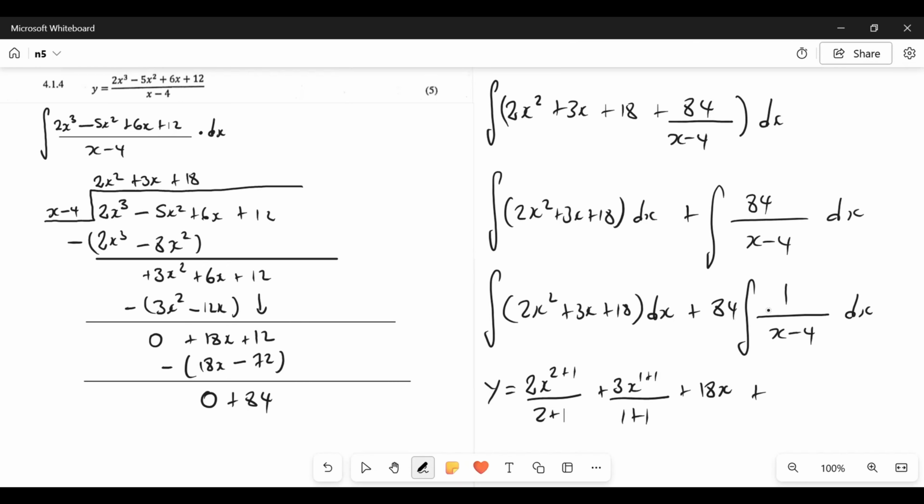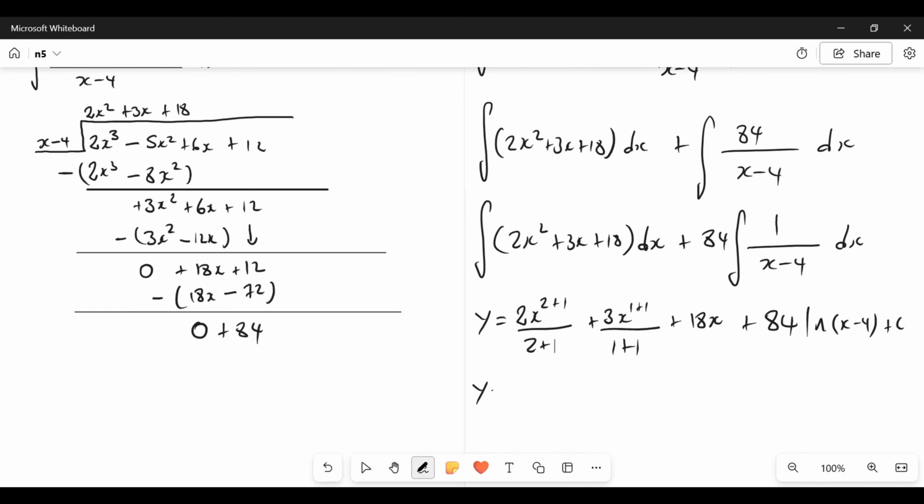Plus, so let's look at the fraction there. We all know that we have 84 here, but this one here, the one with ln, we can integrate this by saying ln of x minus 4, and then finally it's plus c. So let's simplify it further. Let me create a space here, guys.